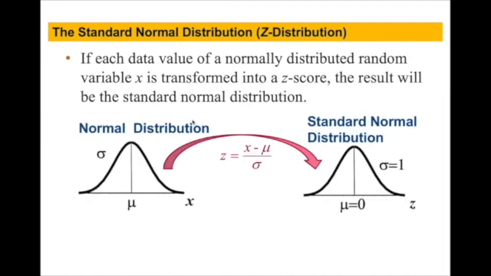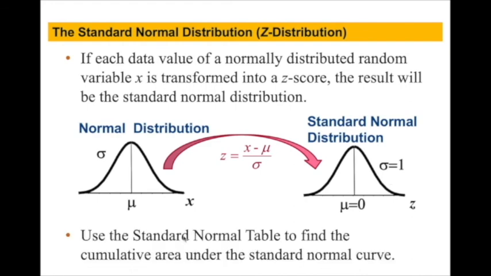If this is the normal distribution having x score, mean mu, and standard deviation sigma, and if the x score is transformed into a z, then we have a standard normal distribution having a mean 0 and standard deviation 1. Previously, we used the standard normal table to find the area under the curve. But of course, we don't do this now. We use the calculator.